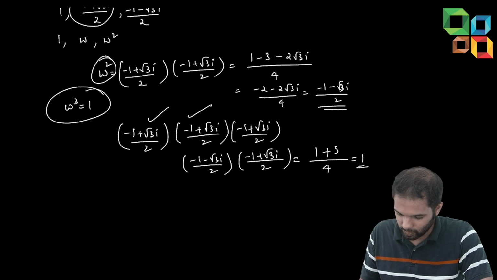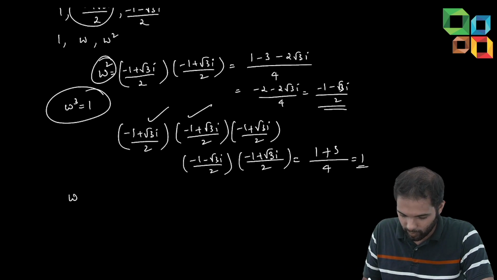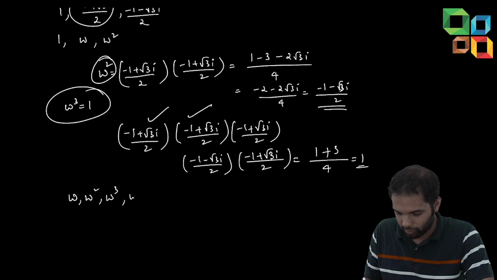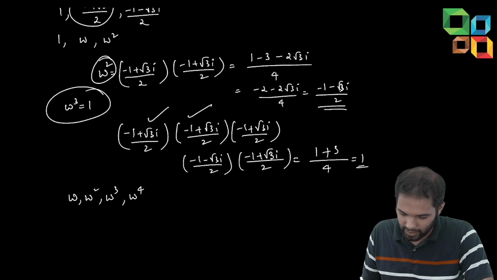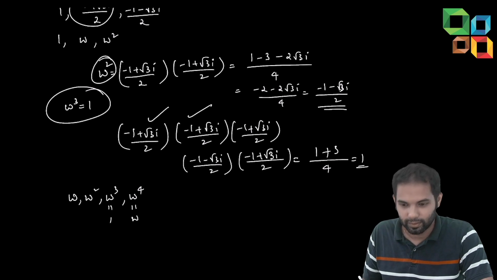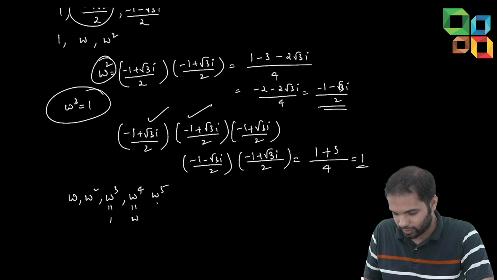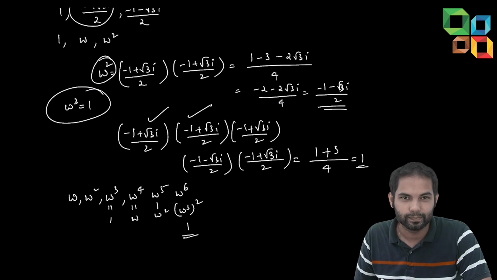Now can you see what will happen? Omega is omega, this is omega square, and omega cube is 1. What would be omega power 4? Because omega cube is 1, this will be equal to omega. Omega power 5 will be equal to omega square. Omega power 6 is nothing but omega cube whole square, so it should be equal to 1 again.